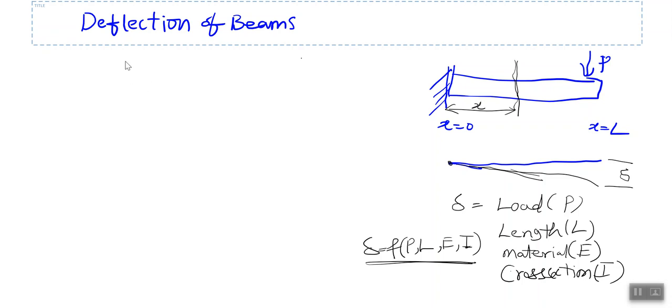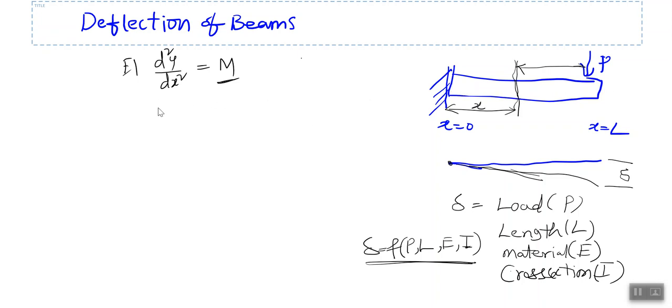The governing equation for finding the deflection is EI d²y/dx² = M, where M is the bending moment. Here, at this location, the bending moment will be the load times the perpendicular distance. The distance here is L minus x.